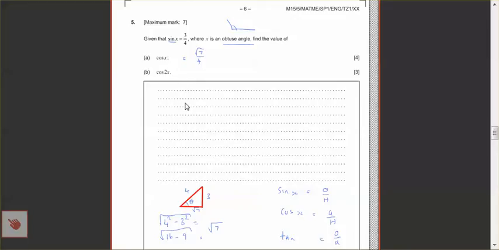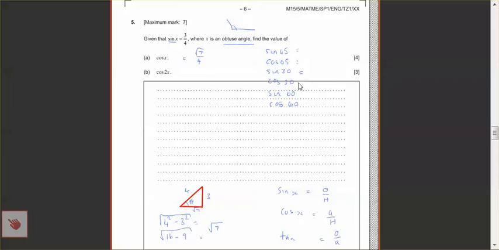Like the 45, 30, 60. Yeah, so the ones we ought to know are sine of 45, cos 45, sine of 30, cos 30, sine 60, cos 60. Okay? Do you remember them?